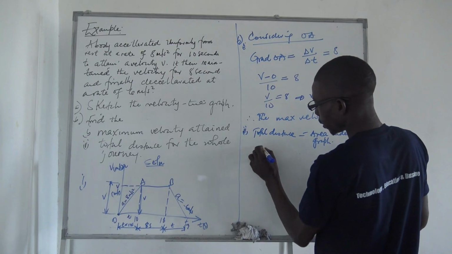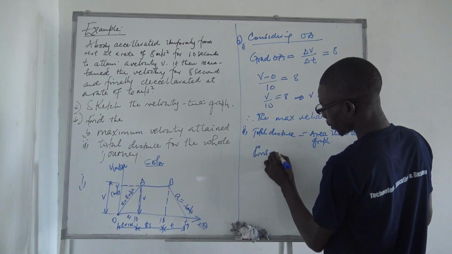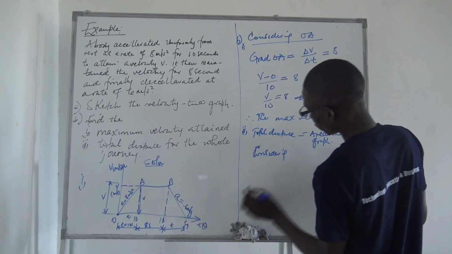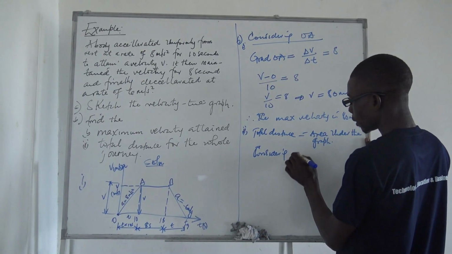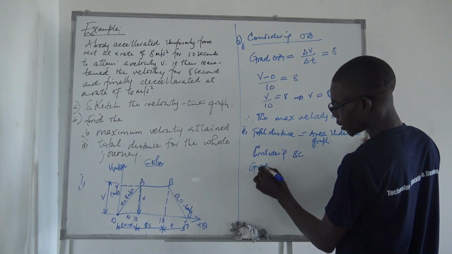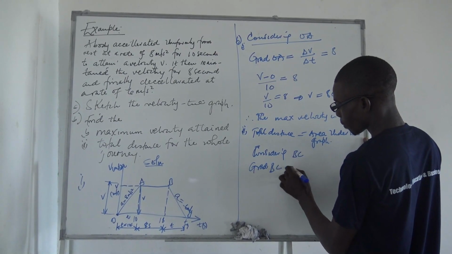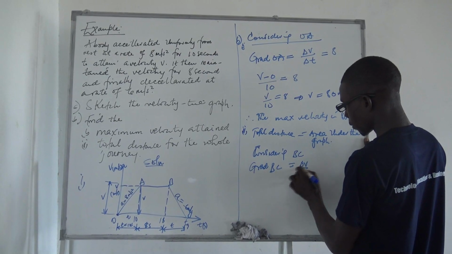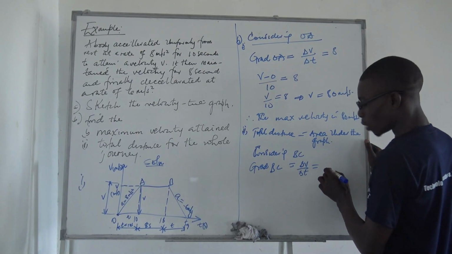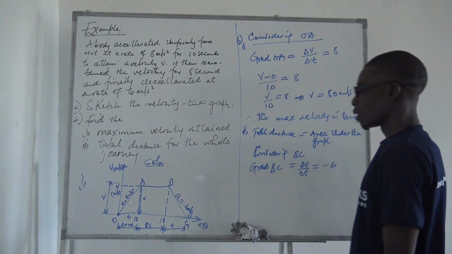Okay? And then I can say, considering BC, we can say grad BC will be equal to change in V over change in T. And that will be equal to -6.